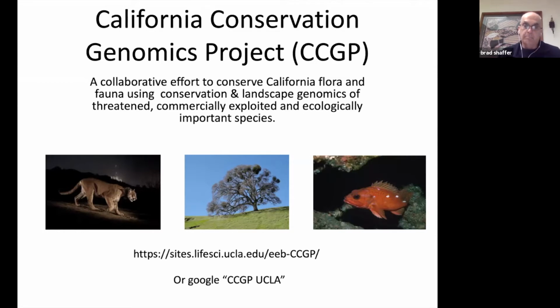We're doing that by primarily developing a large, perhaps audaciously large, collection of species of plants and animals, marine, terrestrial, and freshwater organisms, that will, we think, help set some new directions and new goals for conservation in the state, looking at a combination of threatened, commercially exploited, and ecologically important species.